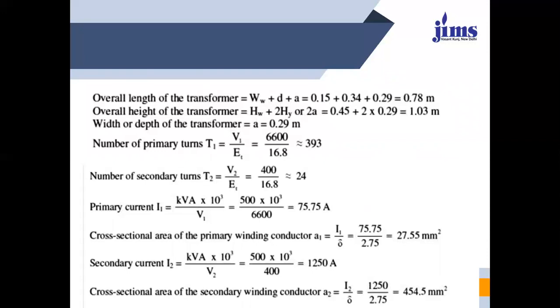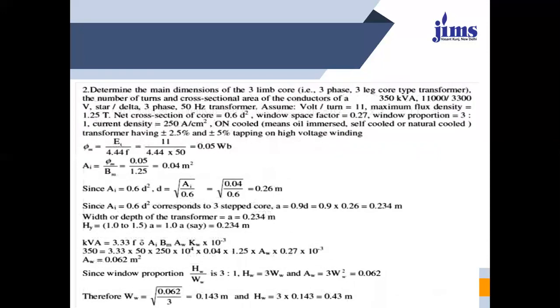We calculate the number of primary turns as V1 upon Et, and the number of turns for the secondary side as V2 upon Et. The primary current I1 equals kVA upon V1, and the secondary current I2 equals kVA upon V2. So we can find the cross-sectional area A1 equal to I1 upon δ, and similarly A2 equal to I2 upon δ.